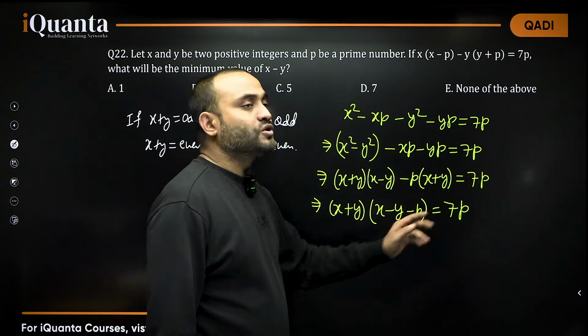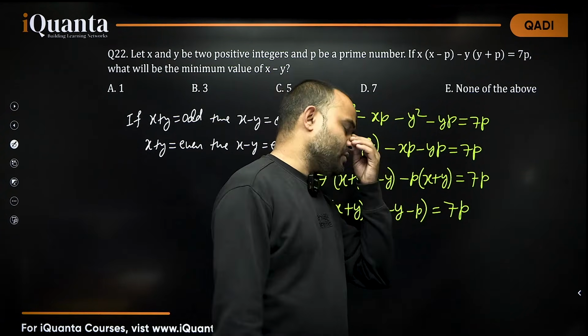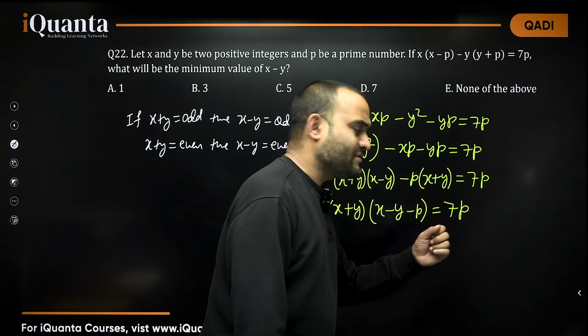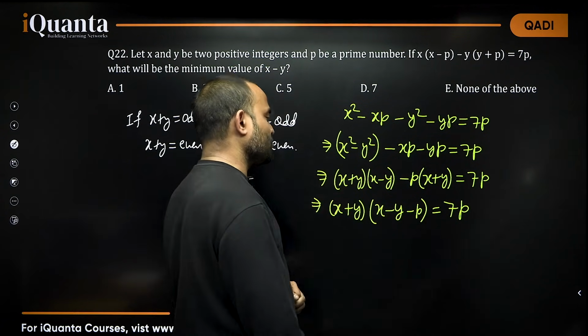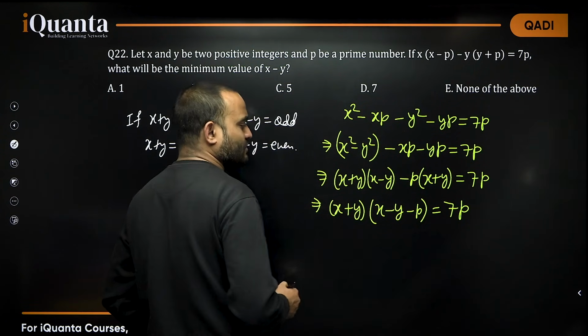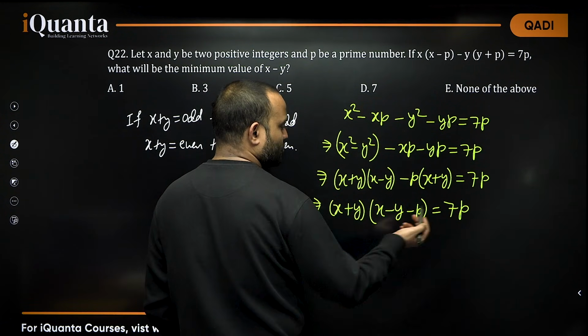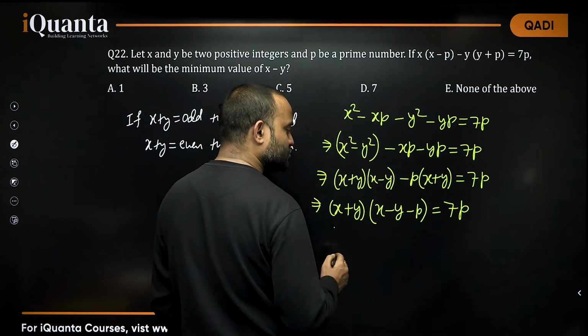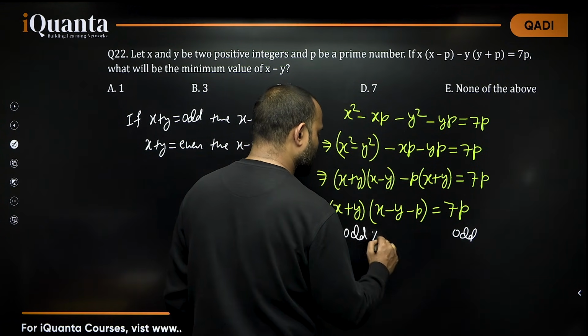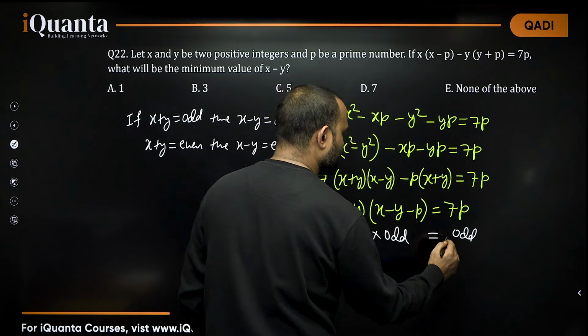Now we don't know anything about prime number P, but one thing we know, that in the product 7 into P, if I take P as odd, then the right hand side will become odd. So both of these should be odd, because only odd into odd is equal to odd, right?